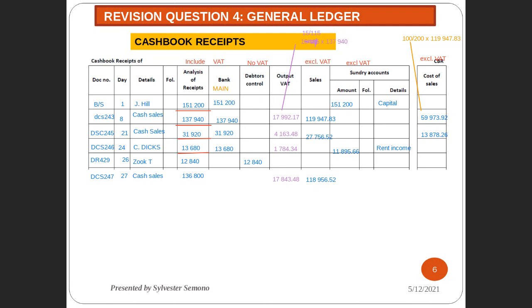Just go back to the question there. Because when I read the question, it says they gave you the markup for that. Can you see the tricky thing? Remember, the 100 was only for the transaction on the 25th. But for this one, they said 45% on selling price. Can you see that? Double check, recalculate.